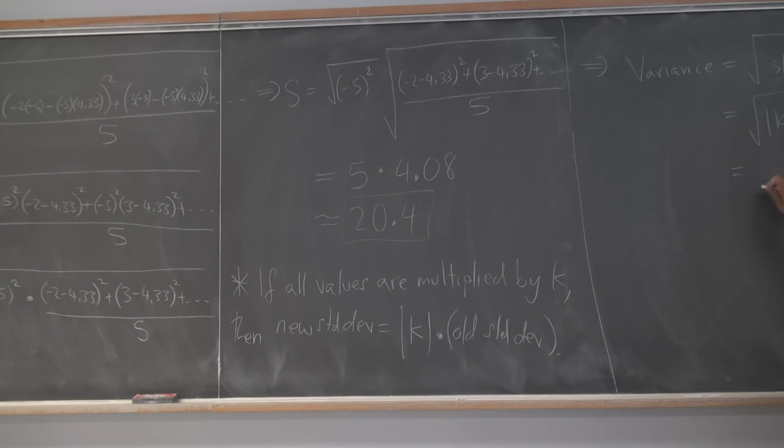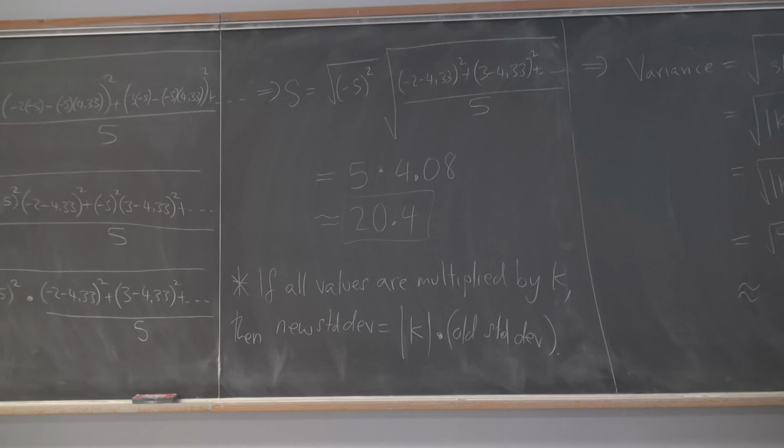So this ends up with the radical, absolute value of k times the old variance, which in this case would be radical 5 times 16.6.